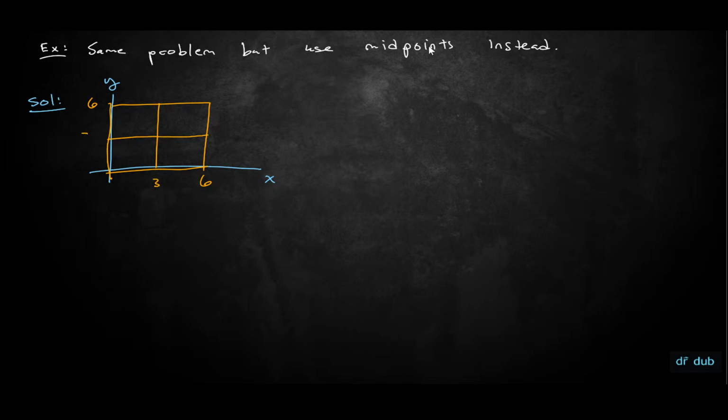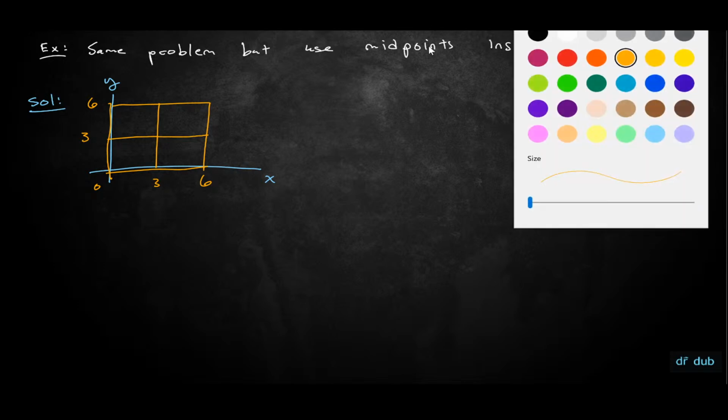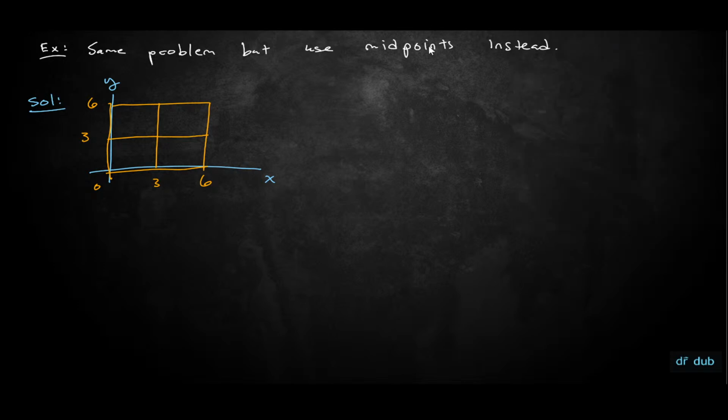So again, this is 3 and this is 3. This is 0. And if we're going to use midpoints, then we're going to pick this point right here, this point right here, this point, and this point for R1, R2, R3, R4.